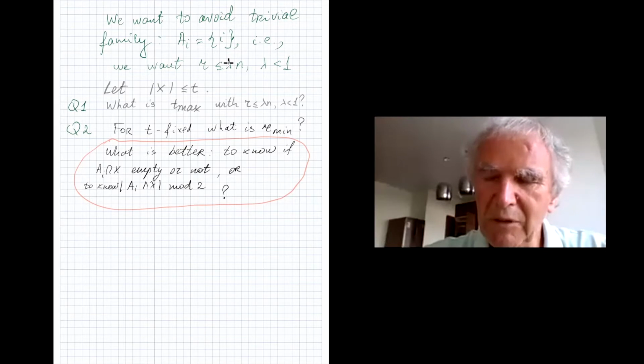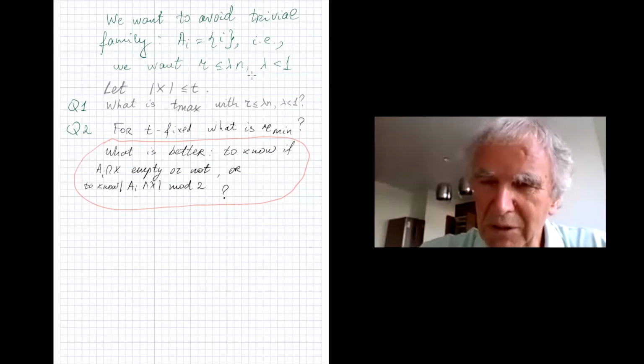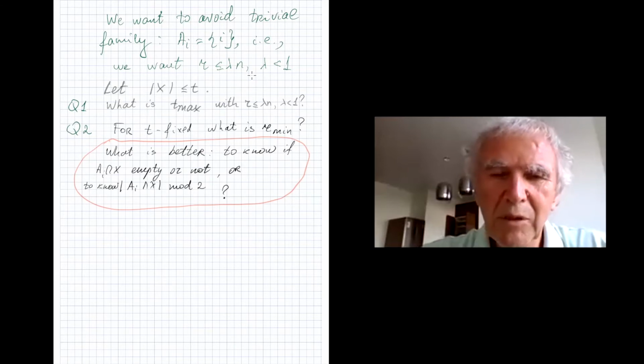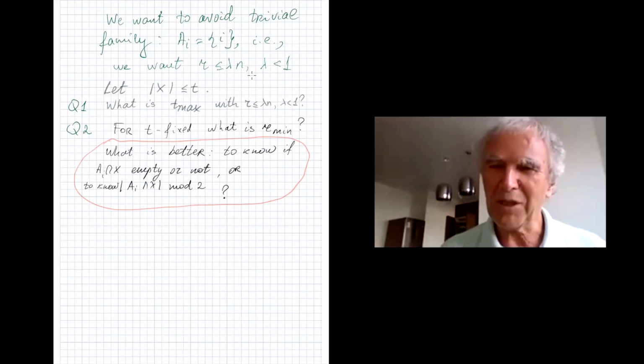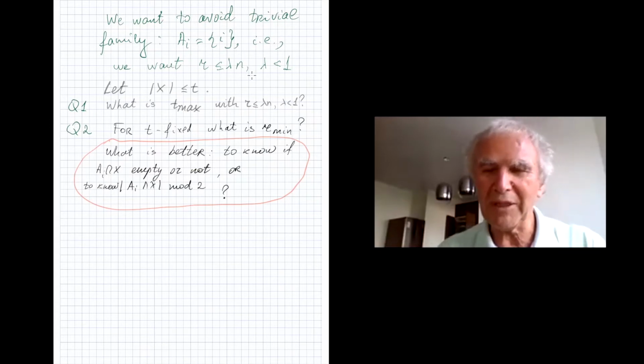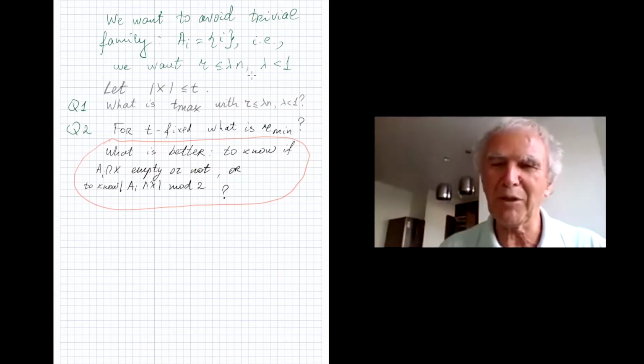It will be 25 times the binary log of 1,000,000. The binary log of 1,000,000 is about 20, so 500 questions will be enough to find exactly the unknown set of 25 elements. So thank you for the discussion, and we will return to this, because probably you will not be satisfied by the answers.